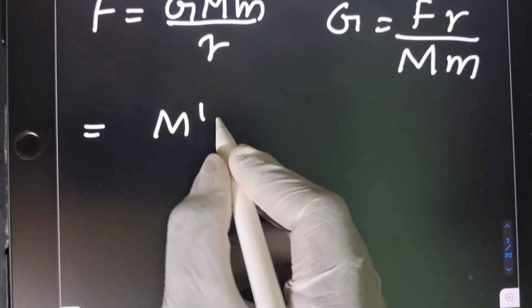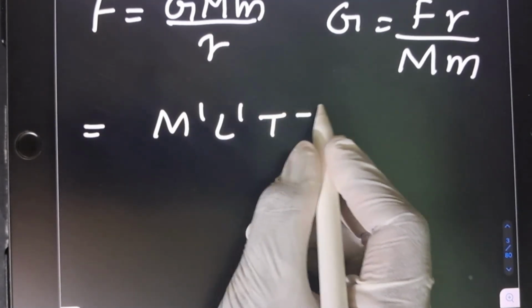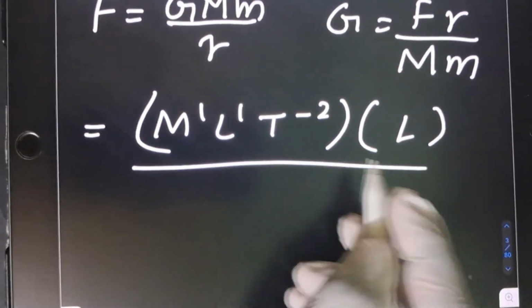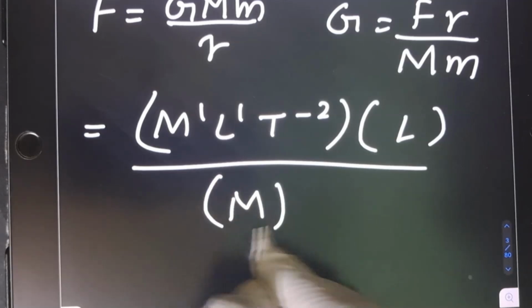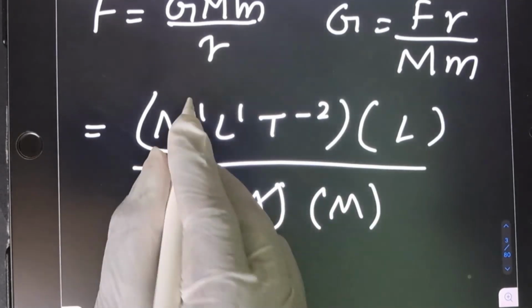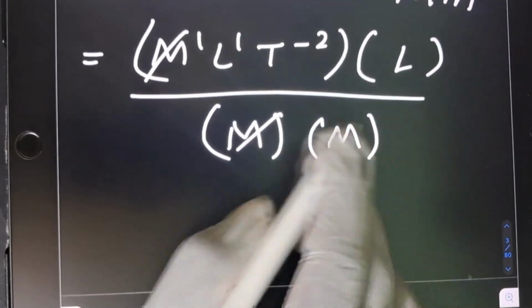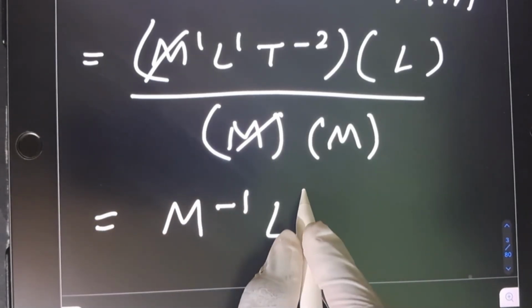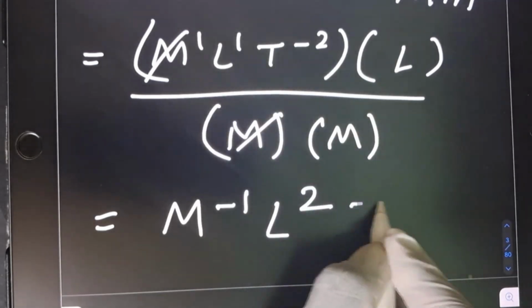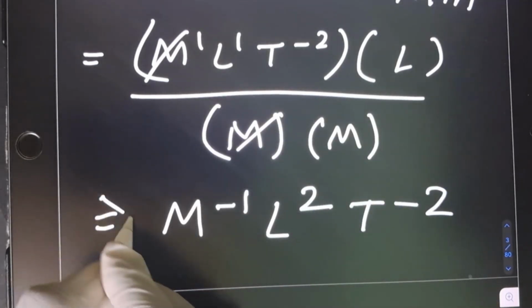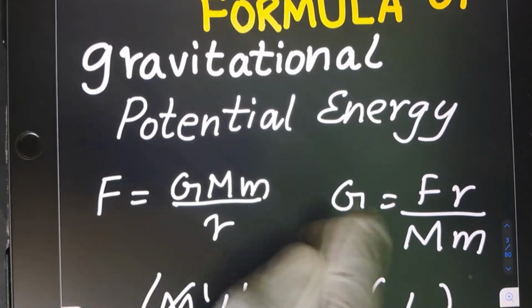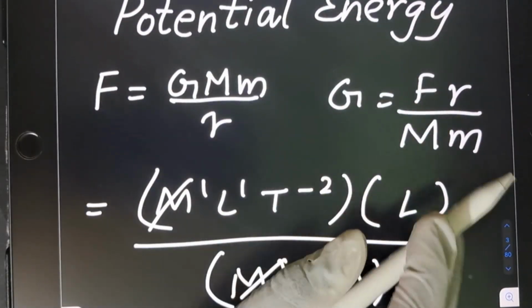The dimensional formula of force is M power 1, L power 1, T power minus 2, into radius L, and here both are masses of different bodies, so m into m. On cancellation of M, we get M power minus 1, L power 3, T power minus 2. F is equal to G m m by R, G is equal to F r by m m.